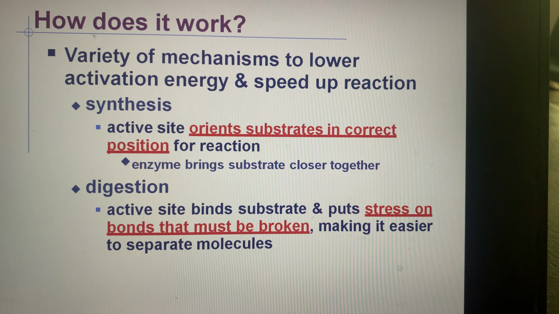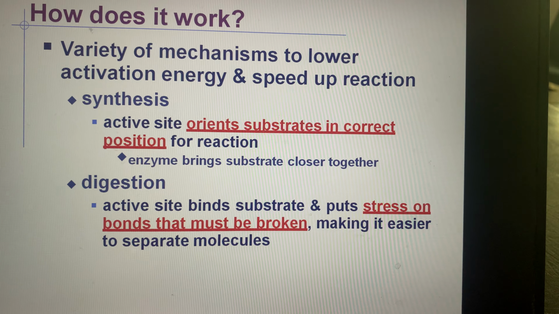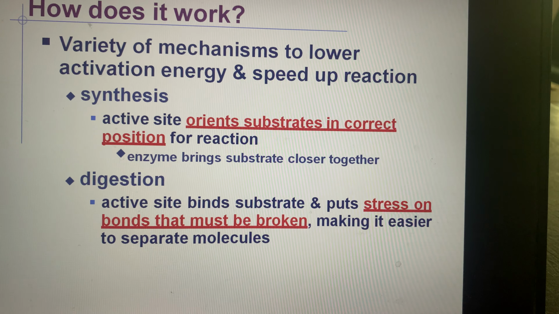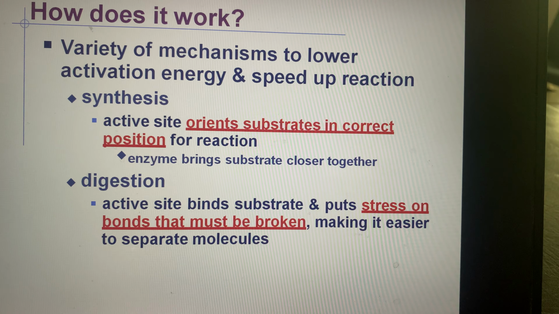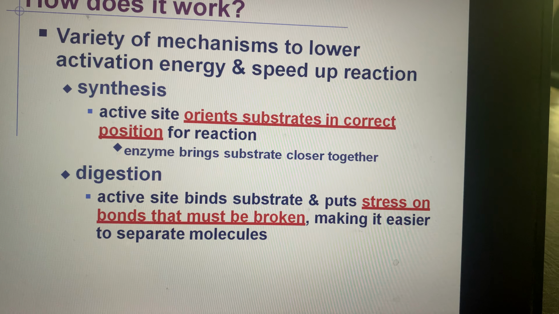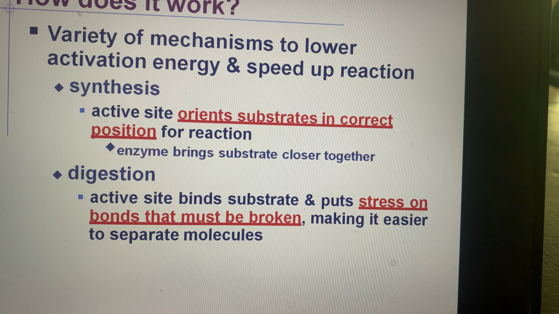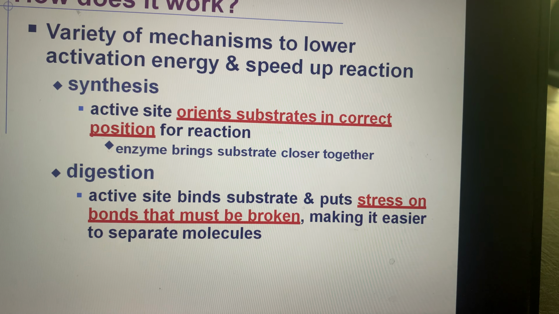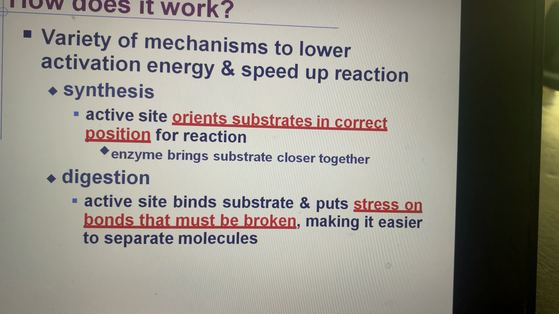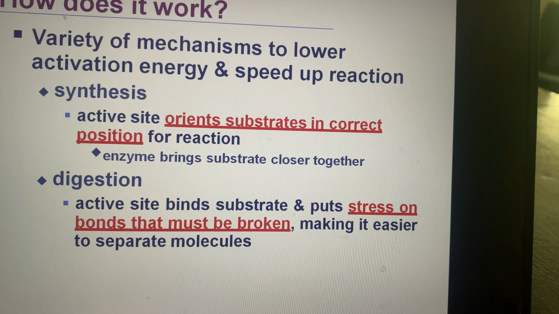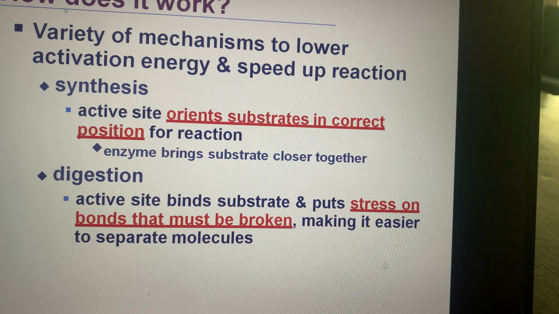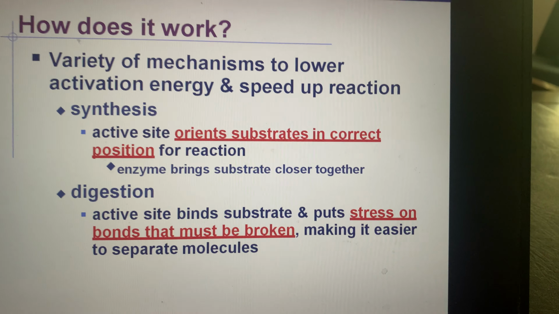A variety of mechanisms are used to lower the activation energy and speed up the reaction. First one is synthesis: the active site orients substrates in the correct position for reaction. And in digestion, the active site binds the substrate and puts stress on bonds that must be broken, making it easier to separate molecules.